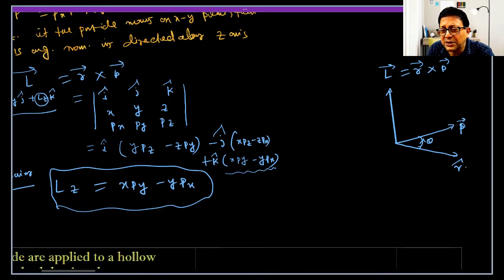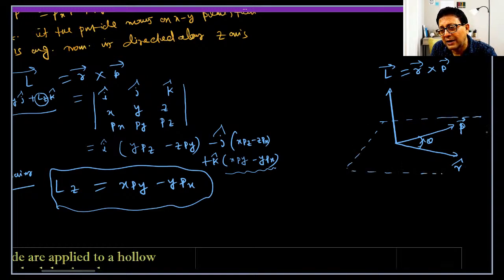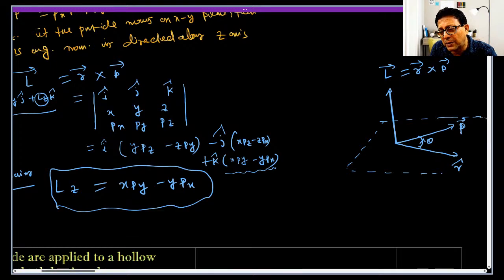And if this is the xy plane, then by the concept of cross product, this L vector will be directed along the z axis. That's why the question arises.